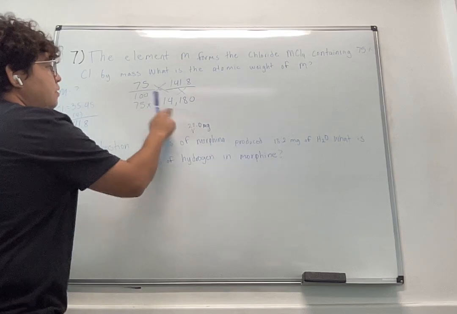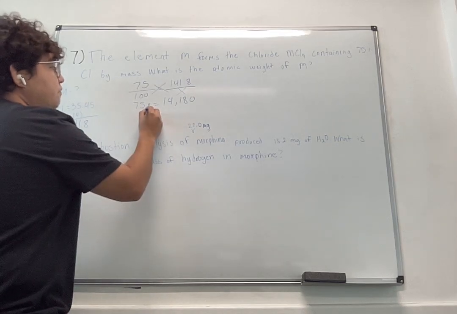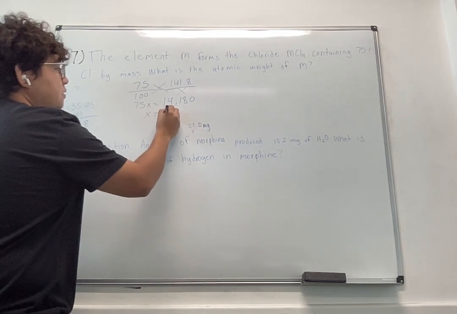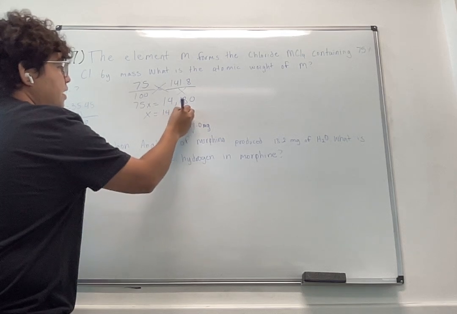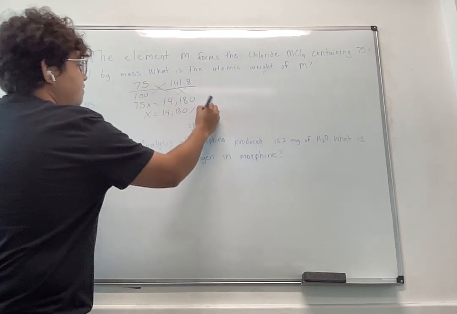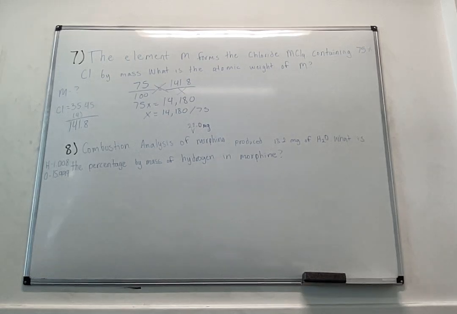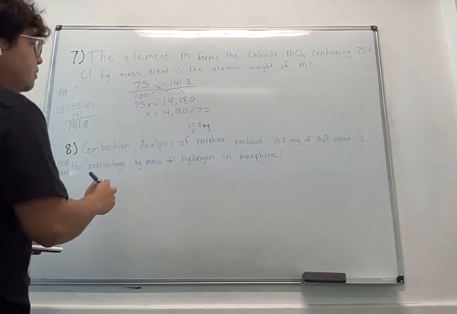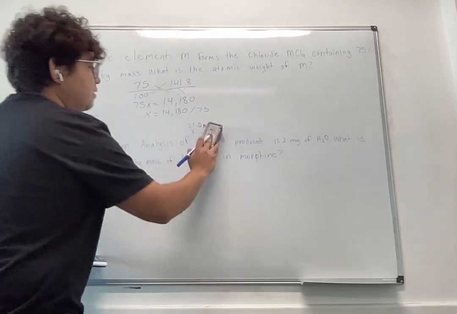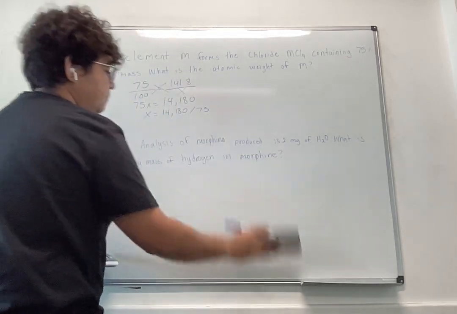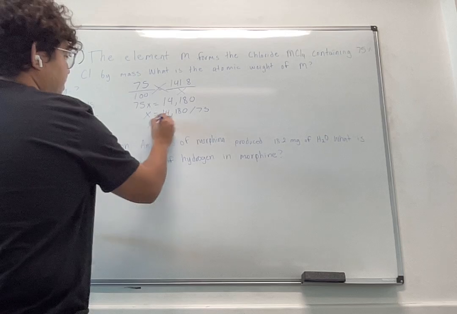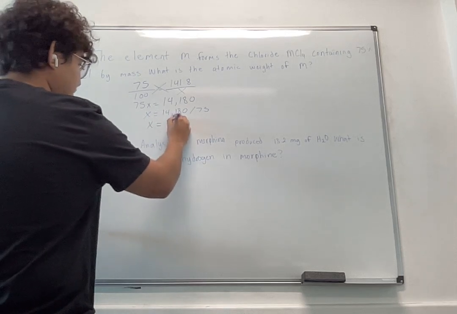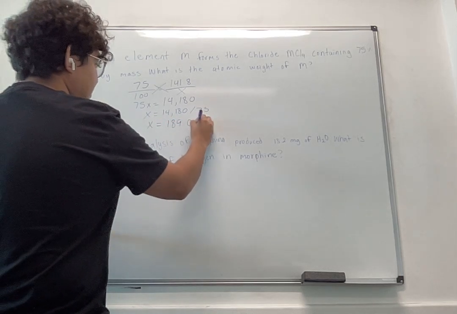Now that we know these two, we can solve for x, simply dividing 14,180 over 75. I'm just going to erase this part so I can have space. We get x equals 189.067.